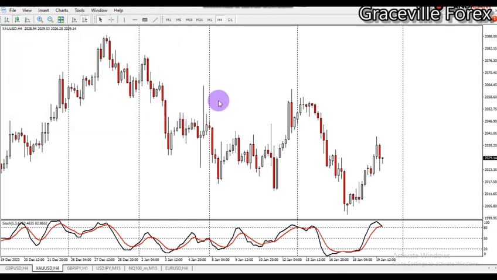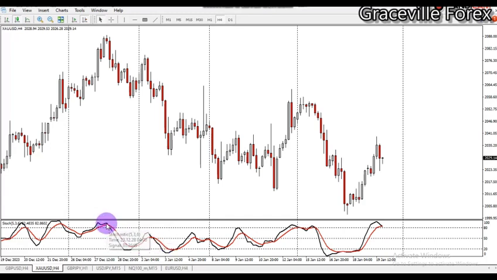Now, how do we go about with this strategy? First of all, we start with the higher time frame, which is the 4-hour time frame. What are we looking for? We're looking for a stochastic crossover. As you can see here, in this indicator we have the red line and the black line.